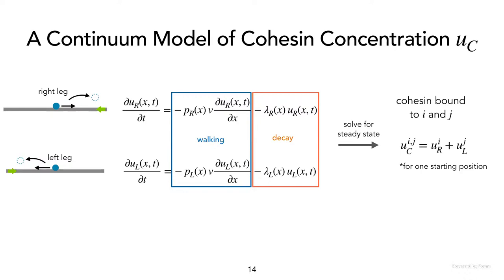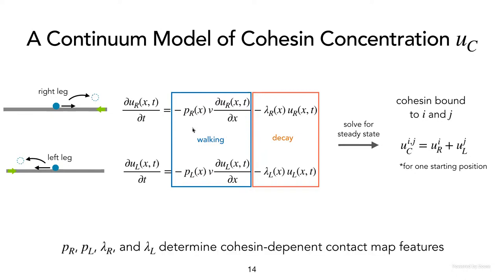Now, if we solve that for the steady state, we arrive at the concentration of the cohesin that is bound to locus i and locus j by simply summing the concentration of the right leg and of the left leg. We can do that because we are assuming that those two legs started at the same position. And now if we do that for all starting positions on the chromatin, we can arrive at the contact maps.